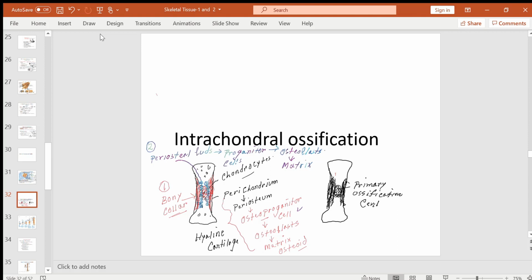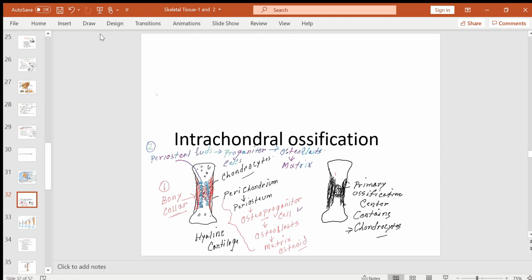Okay, so these are chondrocytes. Chondrocytes clustered. So this area is the primary ossification center, where you have the chondrocytes, cartilaginous cells.